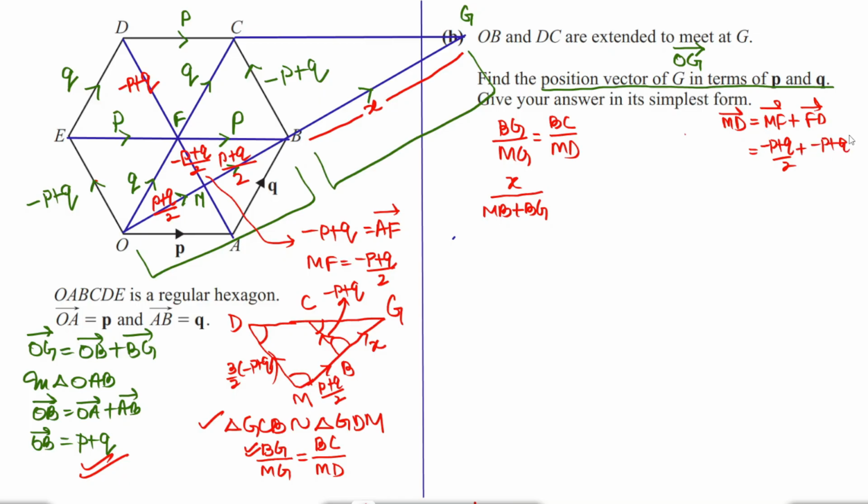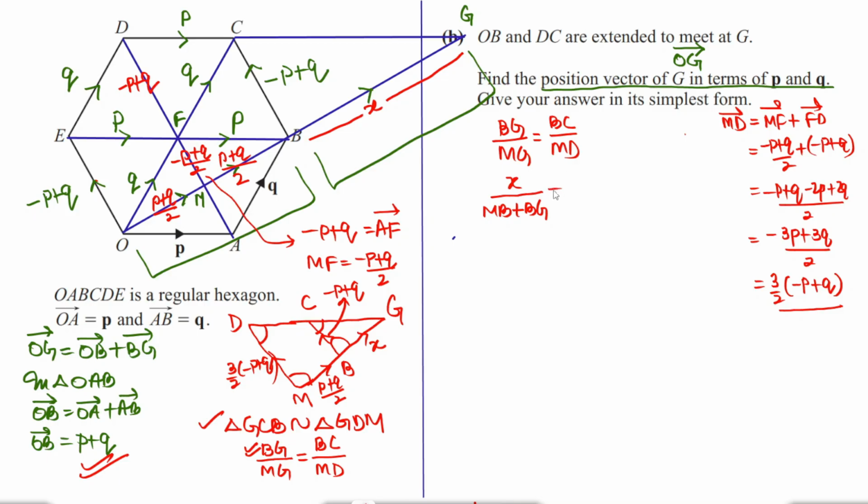If we add them, we take the LCM, 2 goes to the top, and if we simplify that, we get minus 3p plus 3q by 2, and we take 3 by 2 out, we get minus p plus q. That is the length of MD.